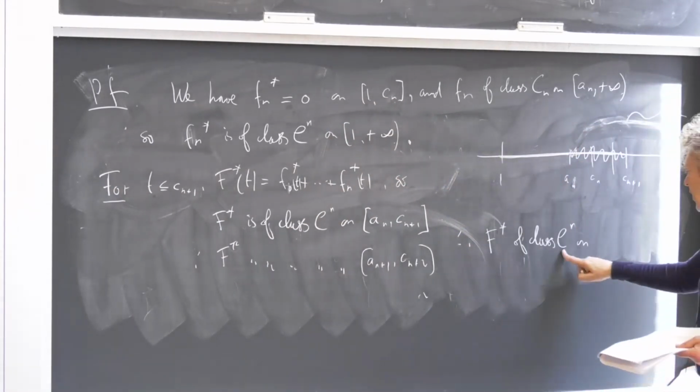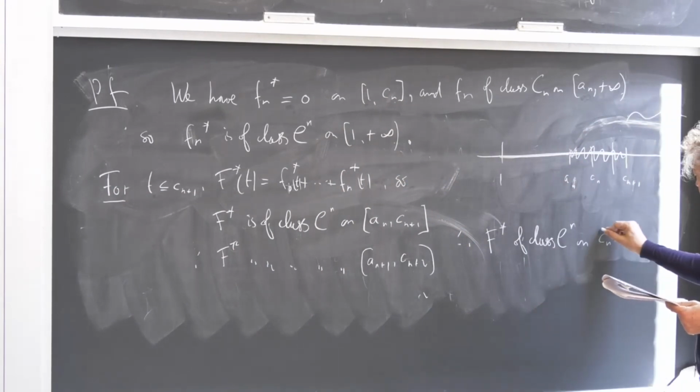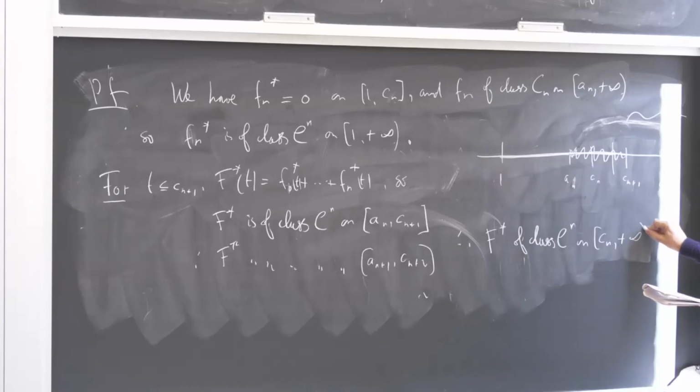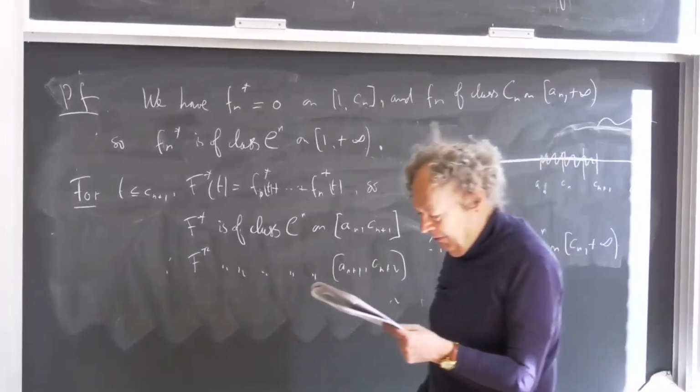So f star is of class Cn on the interval from Cn close to 0. Okay, yeah, that's what we are claiming there. And so that's the proof of that lemma.